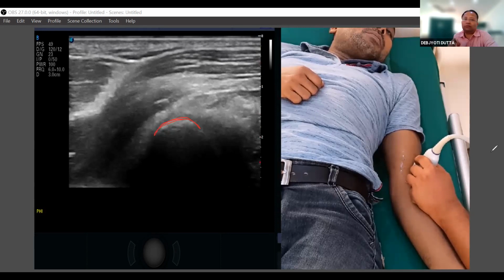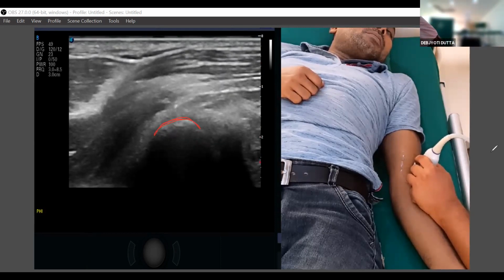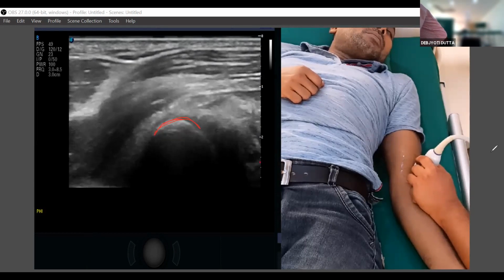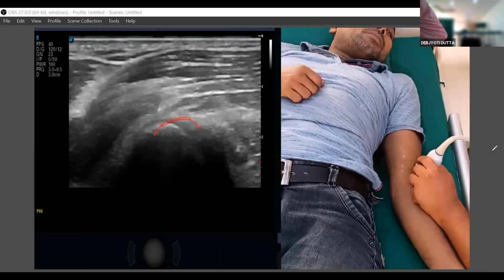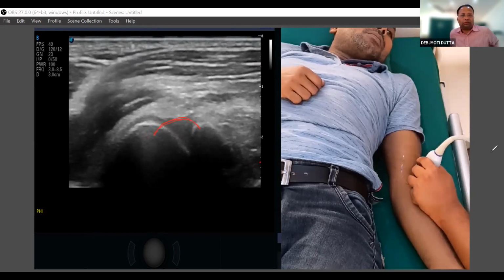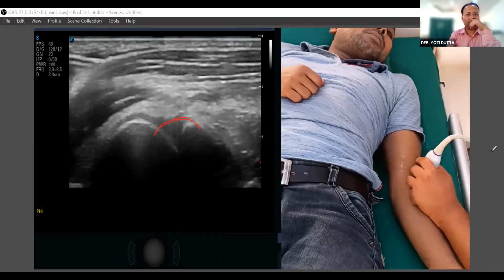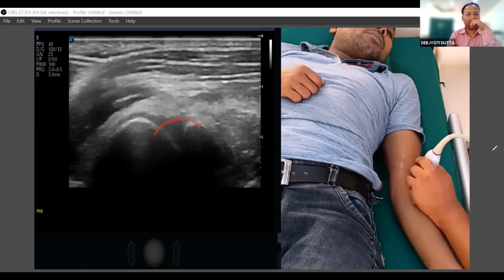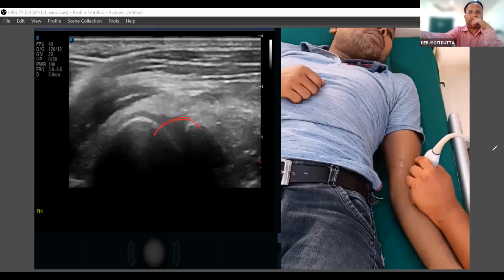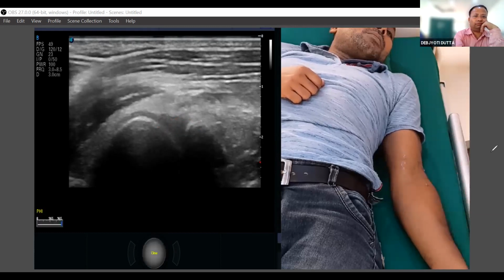We have increased the depth to make it more clear for you. Then we are reducing the frequency as well. Now we are coming down. Now slightly more down, then you will be able to see this bony structure. This is the anterior portion of the radiocapitellar joint.